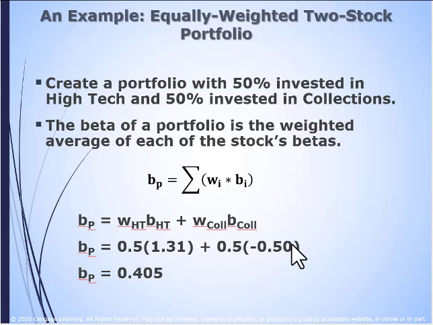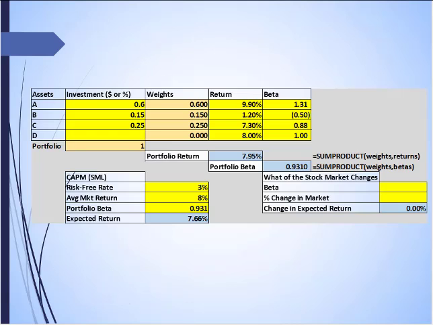A half of negative 0.5 is the beta then for the collectibles. So the beta of this portfolio is 0.405.